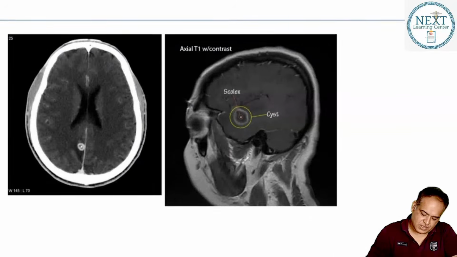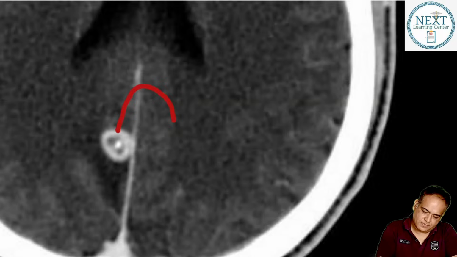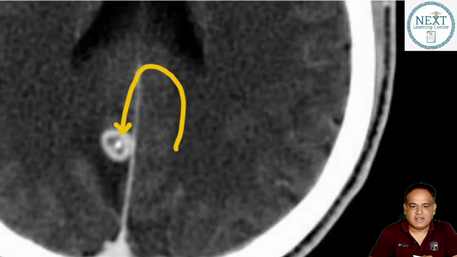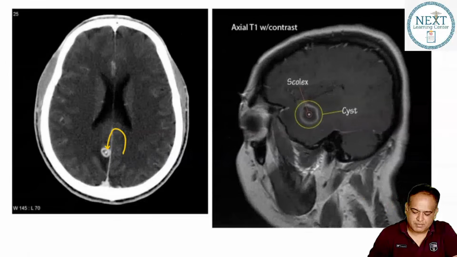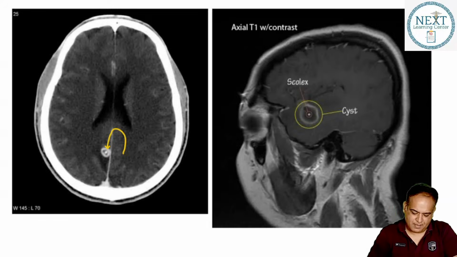So you will get to see a scolex. You see here, there is a dot in the center. If we get to see this dot, then definitely consider neurocysticercosis. And if there are multiple of them present, that is called as starry sky appearance.